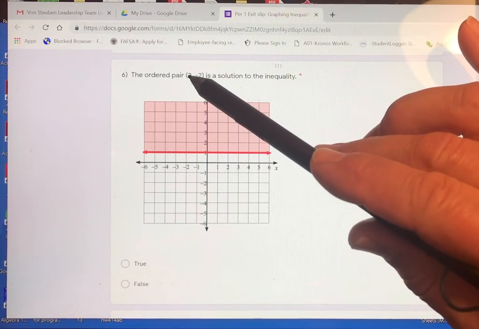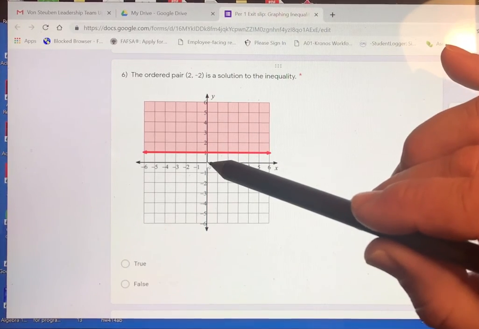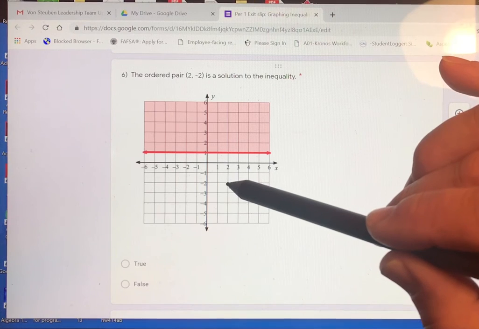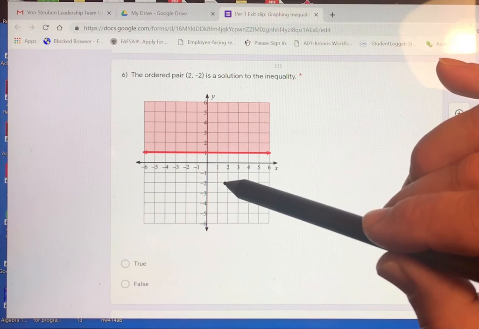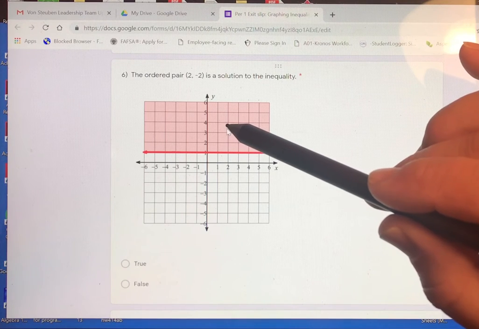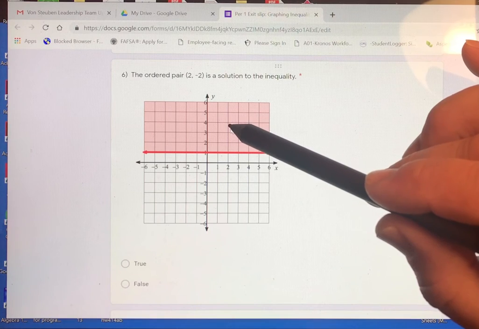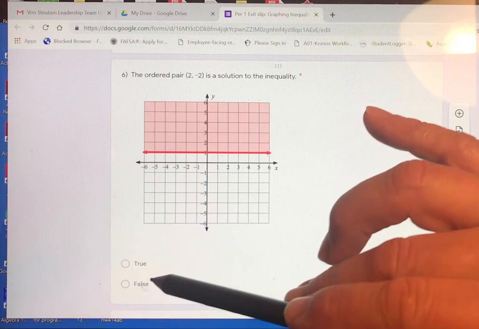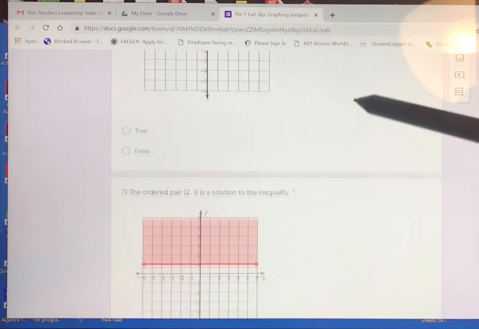Now, 2, -2 would be over here in quadrant number 4, and that is not in the shaded region. So this is not a solution to the inequality. So this would be a false statement.